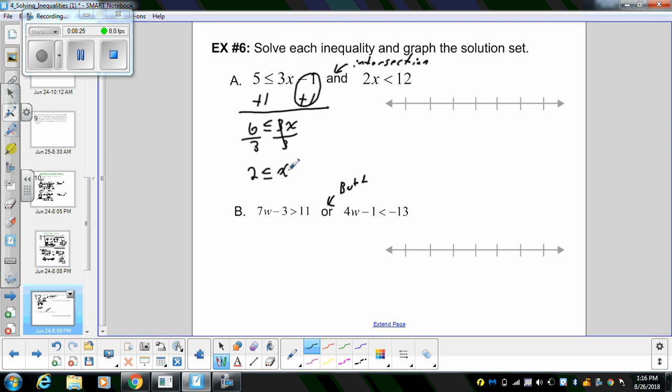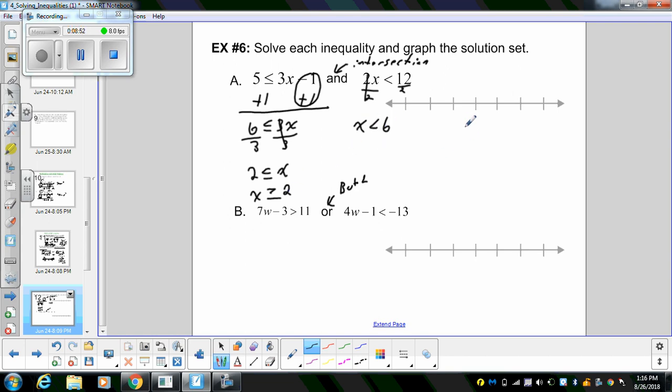Remember, I want my letter to be first, so I'm going to switch x and 2, put my x over here and 2 over here, and then flip the inequality. Instead of a less than or equal to, I'm going to make it a greater than or equal to, just so that my x is on the left side. Over here, the only thing I have to do is get rid of my coefficient, which is dividing by 2. That gives me x is less than 6.